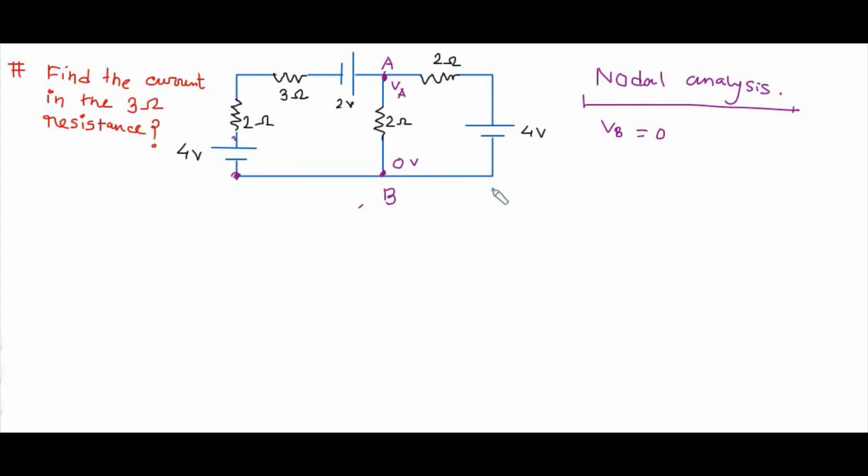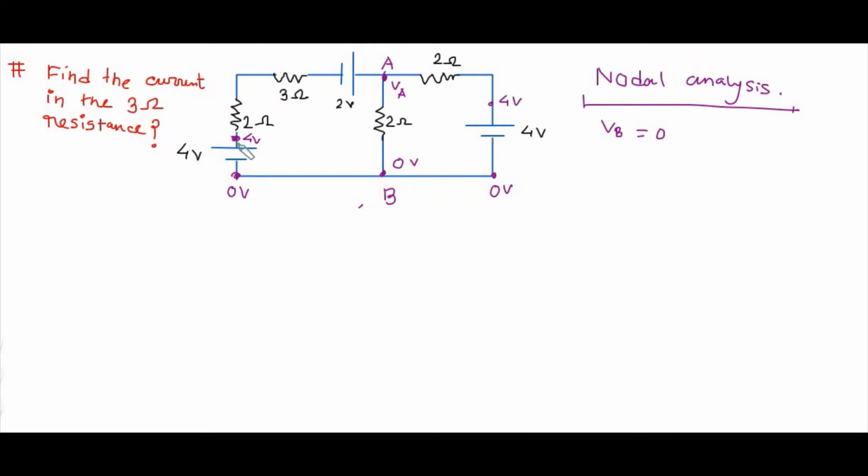The points connected with this 0 volt are also at 0 volt. Now the 4 volt battery, whose 0 volt terminal is connected here, means this side should be 4 volt, and in the case of this battery also, this side should be 4 volt.